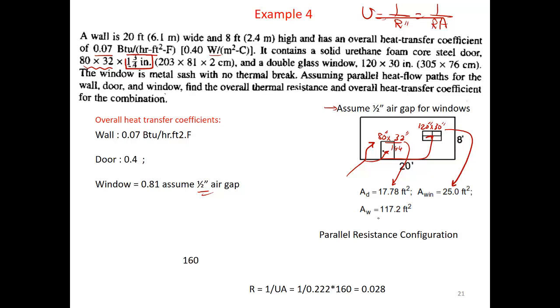Then the total wall area will be 20 times 8 minus those two. It should give you 160 minus 25 minus 17.8, which is 117.2 foot square.